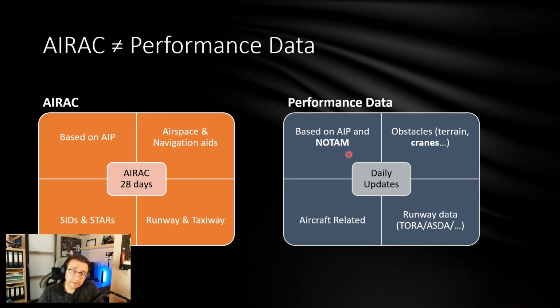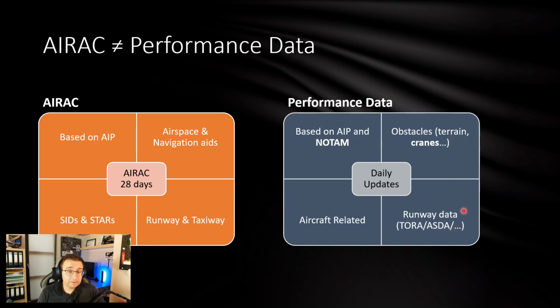So we need a database that will be updated for NOTAMs, and for that, we cannot wait for a 28-day cycle. So we need a way more accurate database. We also need obstacle information. Obviously the terrain, this is pretty standard. But then you have some temporary or new obstacles such as cranes, antennas, and so on.